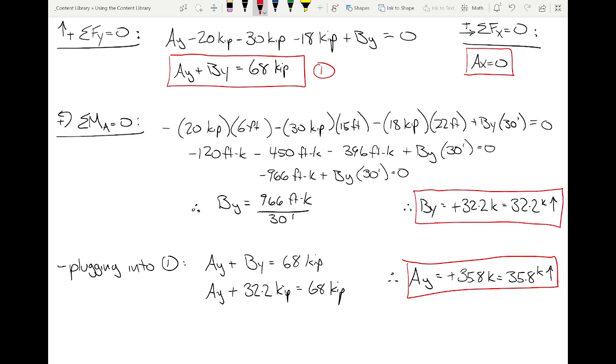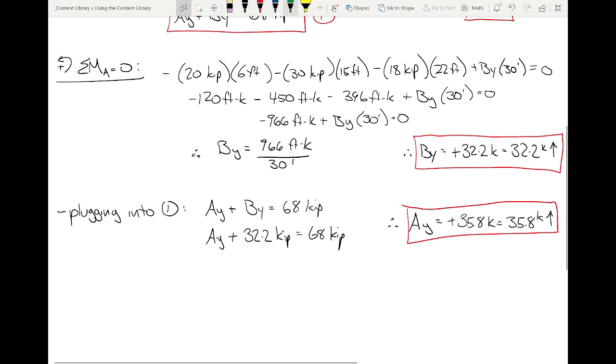And so on these problems, it is conventional to just say, look, here are the answers. What are the answers? AX is 0. AY is 35.8 kips going up. BY is 32.2 kips going up.